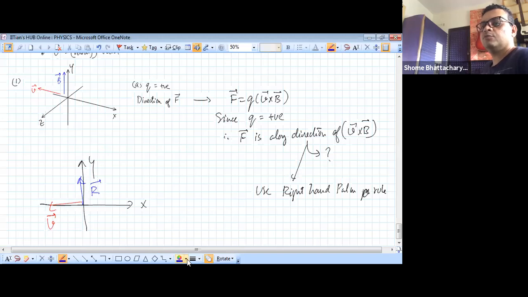So how do you place your hand? You have to place your right hand such that you place your thumb along V and your fingers along B like this.